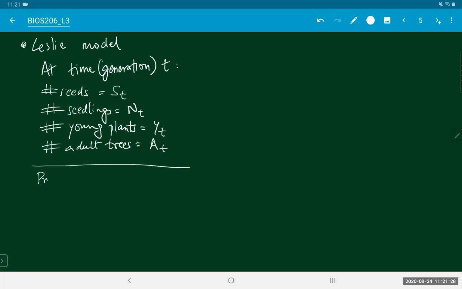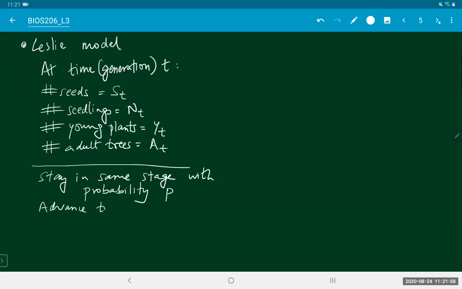suppose we say that there is a probability. For an individual to stay in the same stage, the probability is P, and to advance to the next stage, the probability is Q. So for example, if you ask what is the probability that a seed advances to the seedling stage, that is going to be Q_S. P_S is the probability that a seed remains a seed, it doesn't advance to the seedling stage.